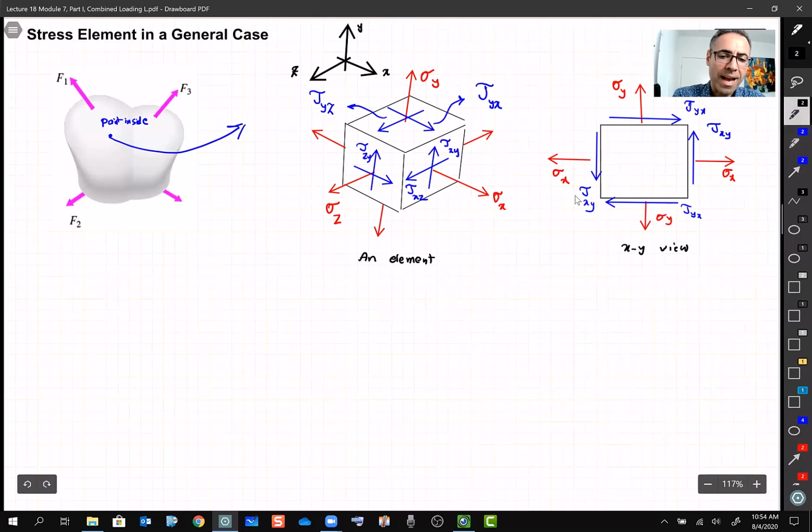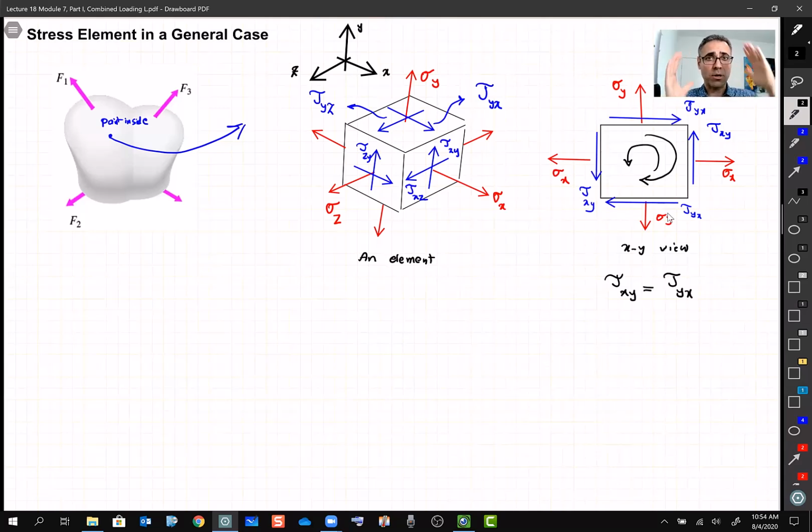So we have also these tau yx at the top and tau yx at the bottom, and they try to rotate the element clockwise. Because the element is balanced, because we are in static, these two have to cancel each other. So we have no choice but tau xy to be equal to tau yx. Otherwise, this element starts rotating.